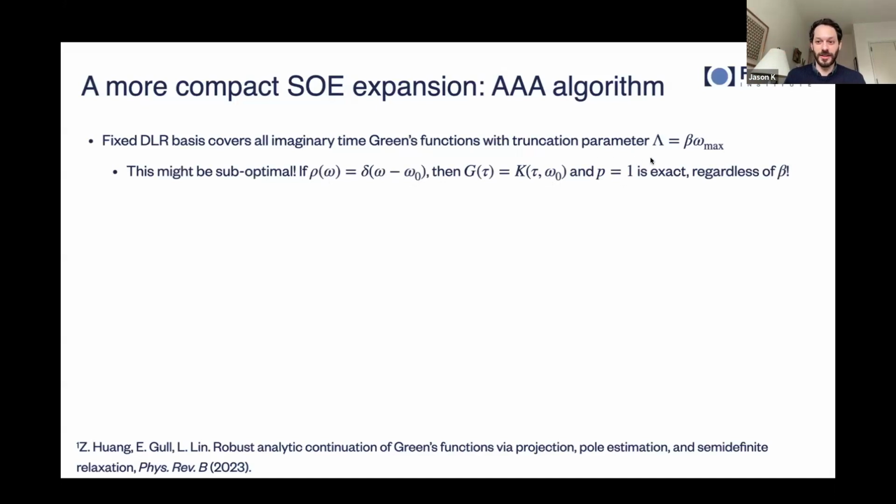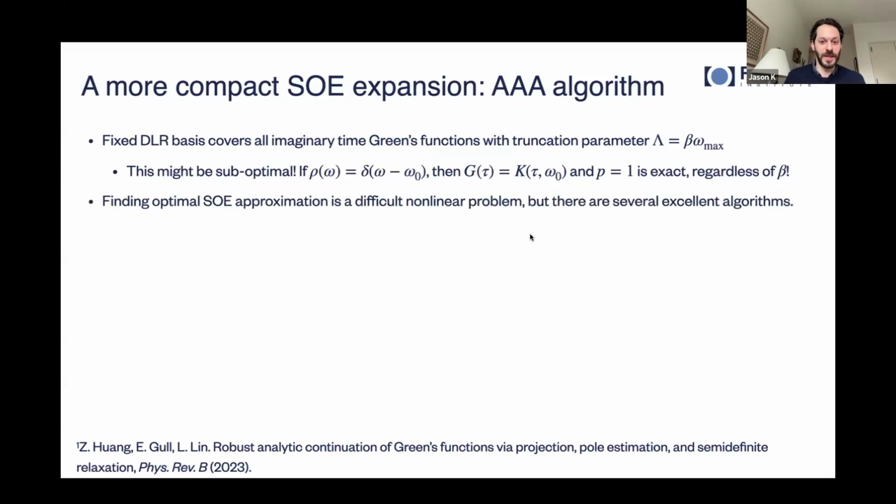And we could come up with an expansion with, I've introduced this P, P is the number of exponentials, one exponential, which is now exact regardless of beta. So if only we could find this, we would have a one-term sum of exponentials expansion.